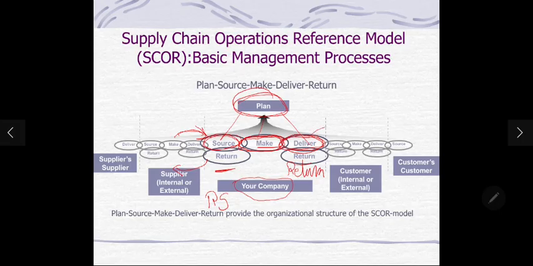Or you deliver the product, it turns out to be bad, and it is returned back. So this is the return delivery. What you delivered is actually returned back to you. And if you have a look, this is your company. As a member in the supply chain, your supplier is doing the same, your customer is doing the same, and so on. So these processes are actually done in every step in the supply chain.